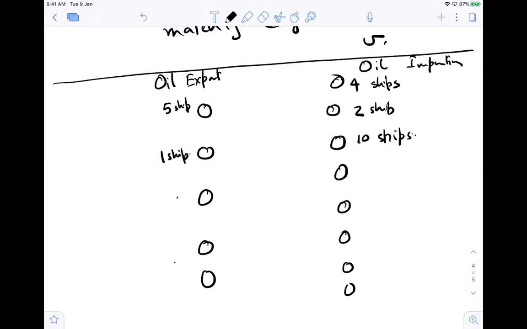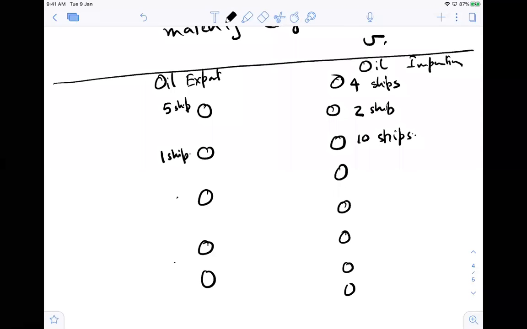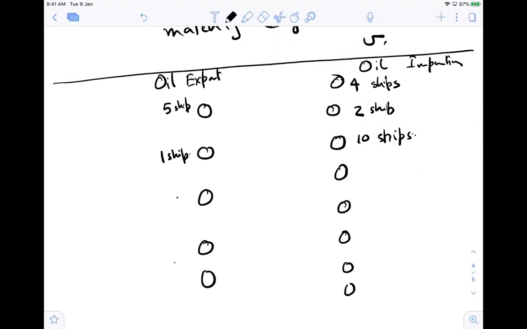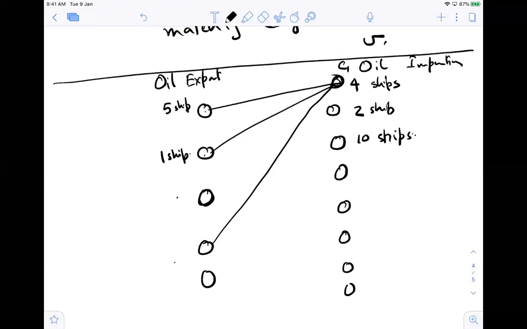But there's the problem. Not everybody can export to everybody, right? Say at this point, say USA and India have a fight with some country and say, oh, I will not. These edges possibly represent the relationship between the countries. Meaning, this country is ready to take oil from any of those countries.